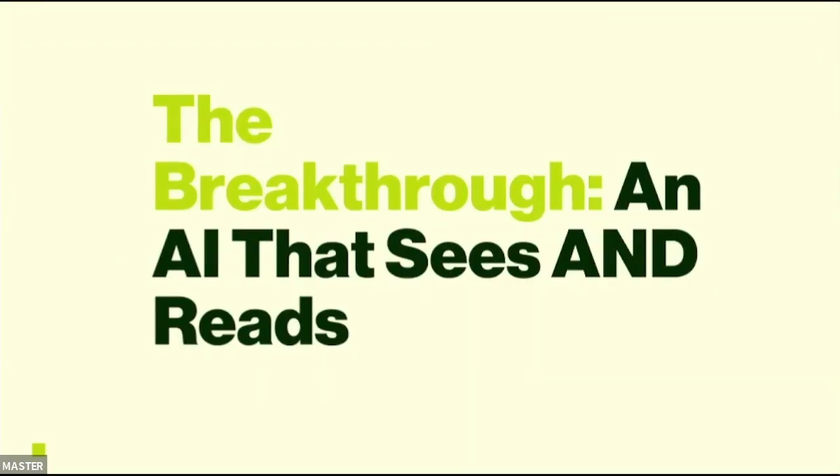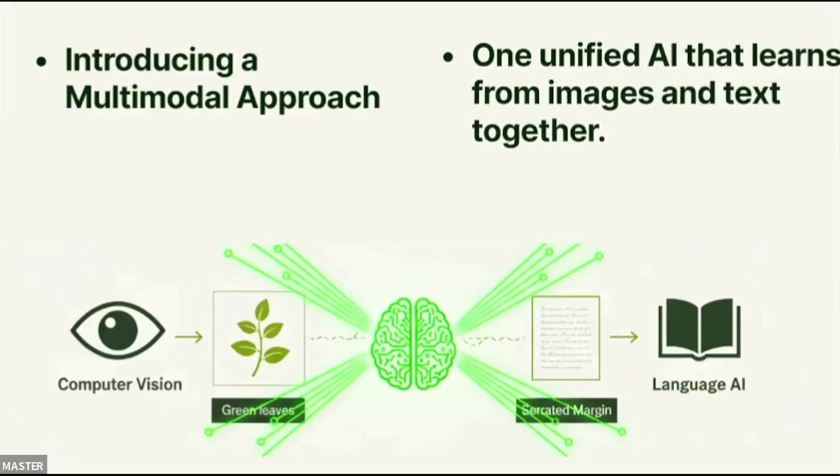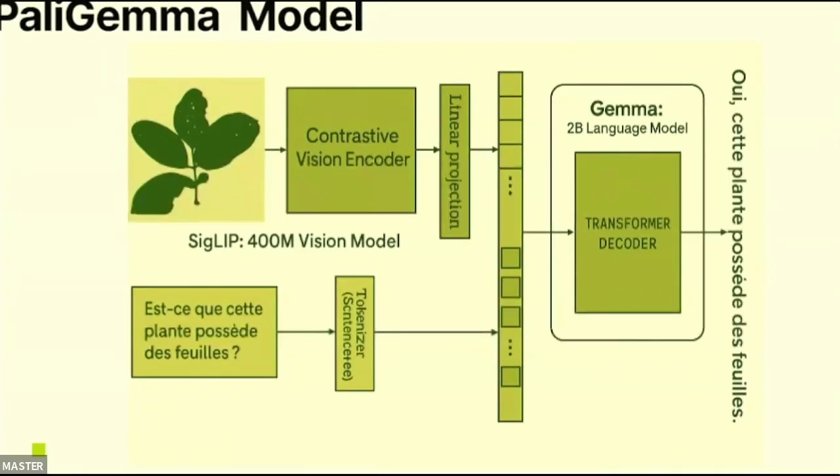The breakthrough represented today is a new kind of AI. It's a multimodal system, meaning it learns from both images and text simultaneously. Think of it not as two separate experts, but as one unified intelligence. It learns the visual meaning of a word, for example, lanceolate. It learns to associate the texture it sees on the stem with a word, for example, pubescent.